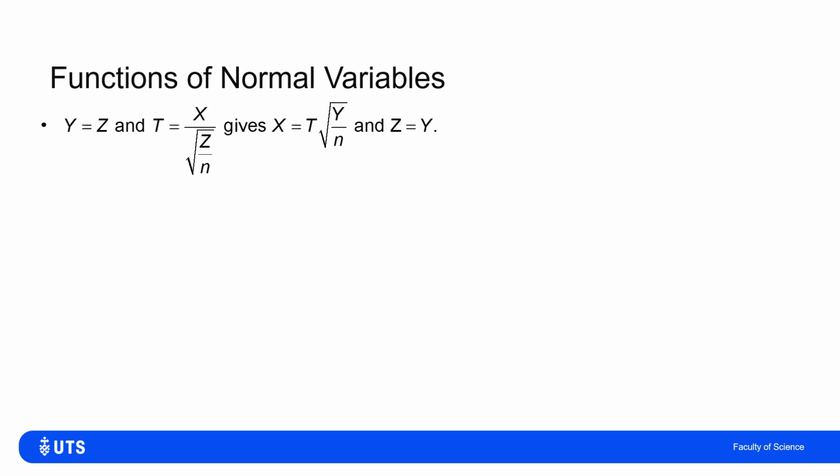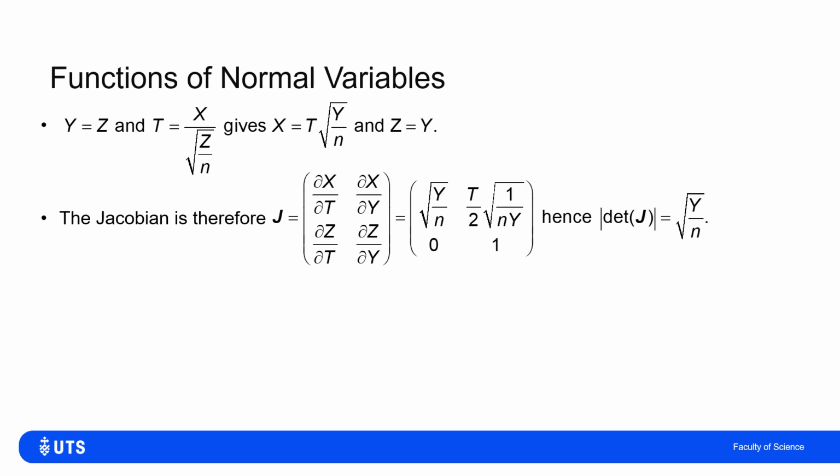But if I do that change of variables, I don't want the x and the z, I want the y and the t. So if I set those up, then I need my Jacobian associated with that change of variables. And my Jacobian here is the square root of y over n.